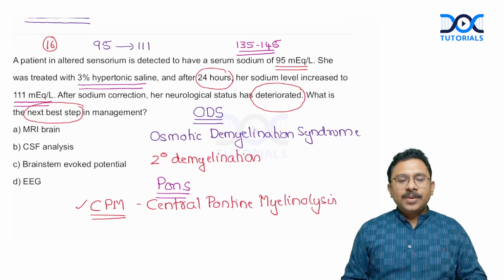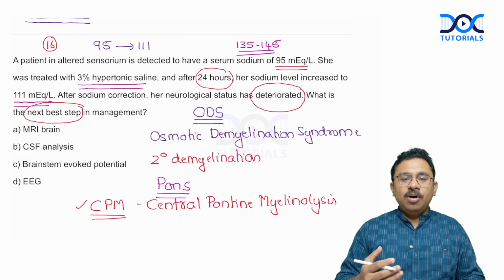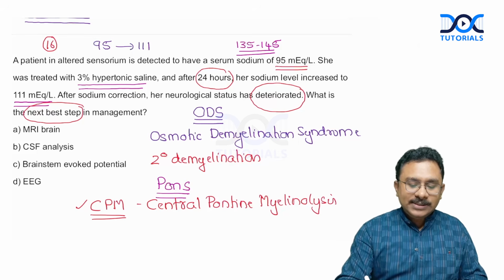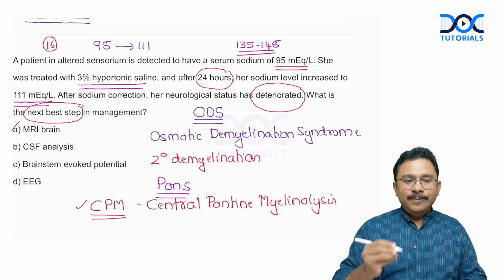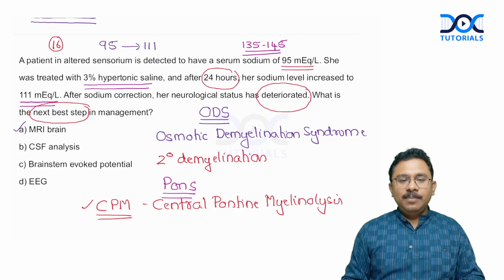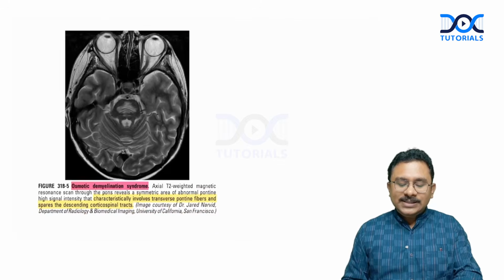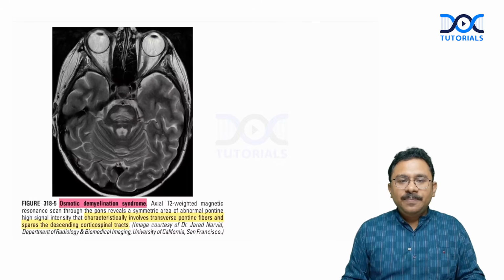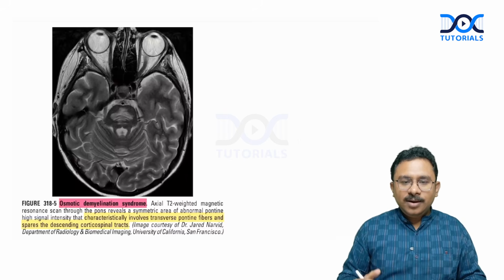Okay, now when you look at the evaluation of central pontine myelinolysis, the most important part is to do the MRI brain. Okay, you will have to do the MRI brain. And what finding are you expecting in the MRI brain? Please have a look at this image. I've taken this image directly from Harrison's textbook of internal medicine.